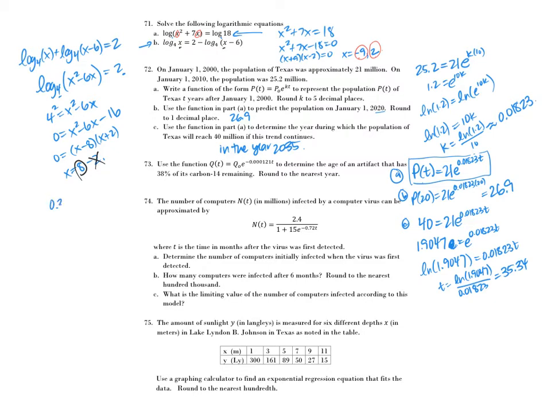So 0.38 of Q naught is equal to Q naught e to the negative 0.000121 t. Okay, so I can divide both sides by Q naught.